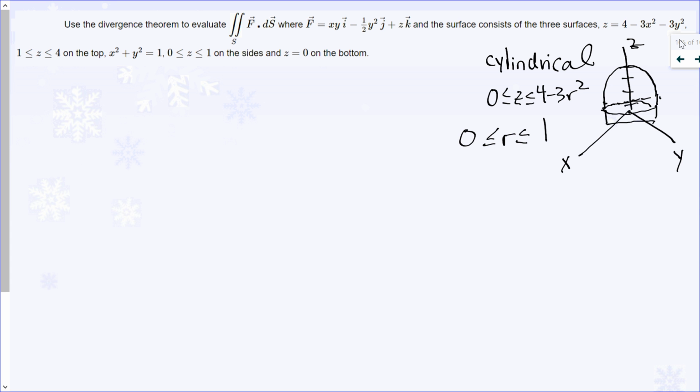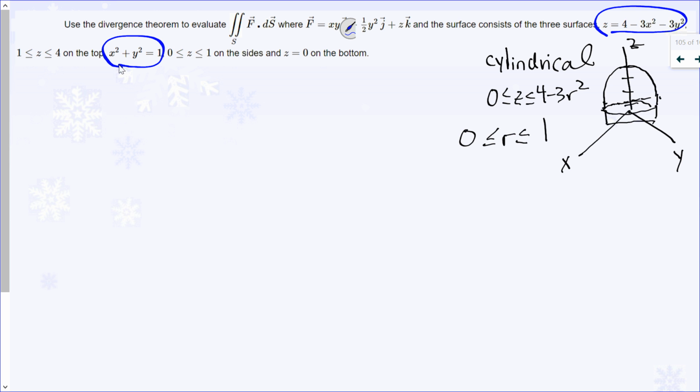So if you intersect this and this, they intersect right there at z equals 1. And at z equals 1, the radius of the circle is going to be 1. And then it has to go into 0 to fill in that volume. Any questions on that?